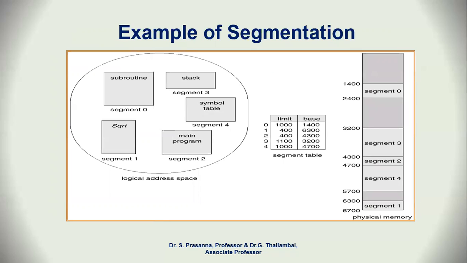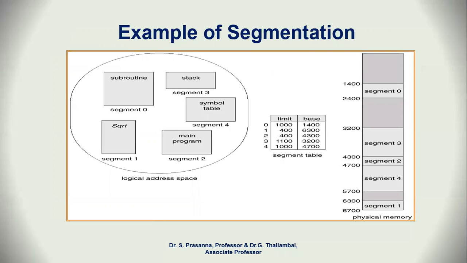An example of segmentation is given. In the logical address space, you have so many segments, and the subroutine is segment 0. When you go to the segment table, you can see that the limit is 1000 and the base is 1400, which means the number of lines in the subroutine is 1000.